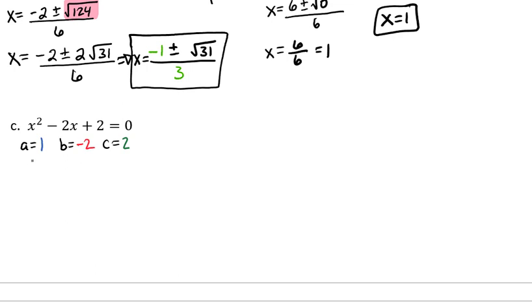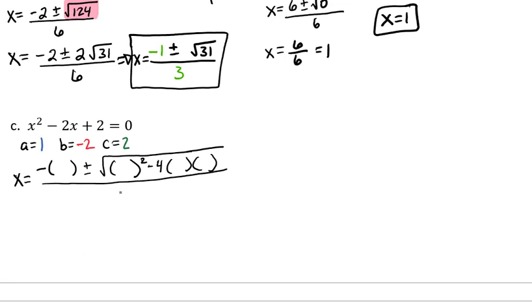So we have an a value of 1, a b value of -2, and a c value of 2. So now we're going to go ahead and plug it in. So the opposite of b plus or minus the square root of b squared minus 4ac all over 2a. And we'll plug in our pieces.